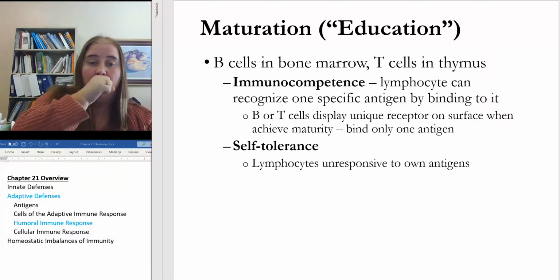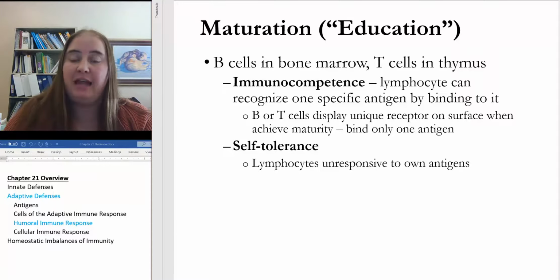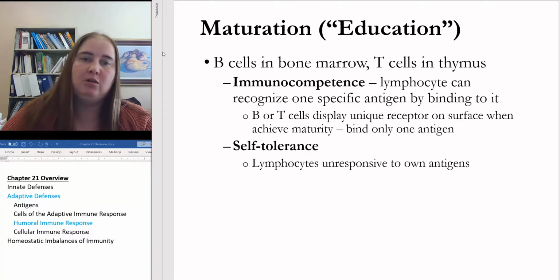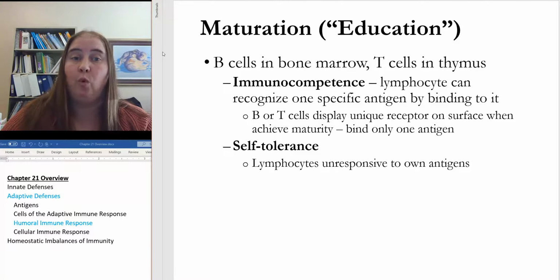Now, this education process will create lymphocytes that are capable of doing 2 things. One, it'll create a lymphocyte that demonstrates immunocompetence. And immunocompetence basically is a lymphocyte's ability to recognize one specific antigen by binding to it.